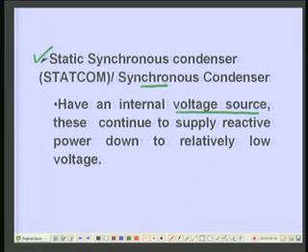But the advantage of these devices is that even when the voltage is low, they are capable of injecting reactive power, that is, they have an internal voltage source and continue to supply reactive power down to relatively very low voltages. That is, if you plot the reactive power versus voltage characteristic, then the STATCOM and synchronous condensers have better reactive power injecting capability, and they are fast also.